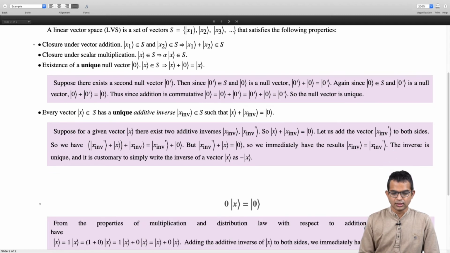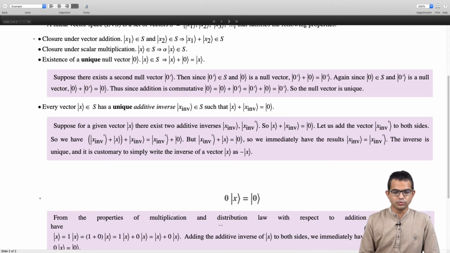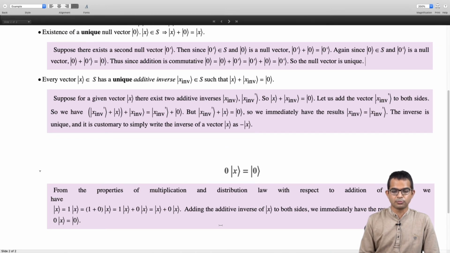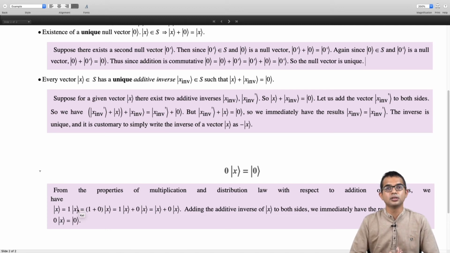So the idea here is to show you how some of these abstract proofs work out, right? So the properties of multiplication and the distribution law with respect to addition of scalars, we have, if you take any vector x is equal to 1 times x, so this is part of the rule that is already given to us. It's part of the properties of scalar multiplication.